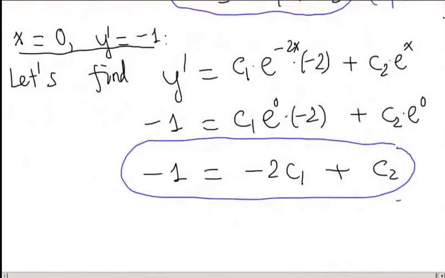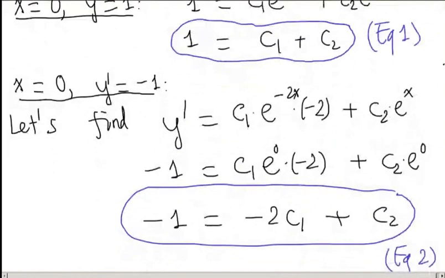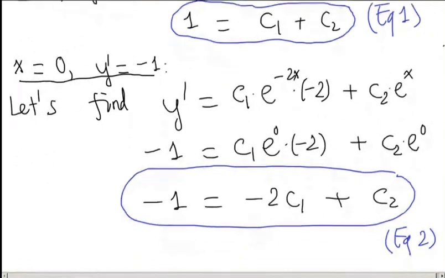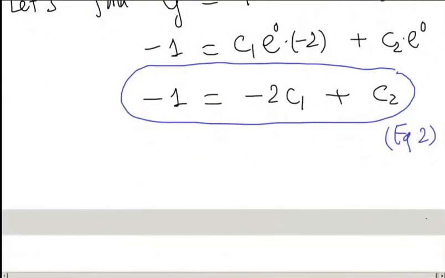How do we solve for C1, C2 from these two equations? You may use any method you learned from college algebra. There are two methods, substitution or elimination. You can choose your favorite method. Let me do elimination here. I'm going to try to eliminate C1. So I multiply equation 1 by 2 and then add it with equation 2.